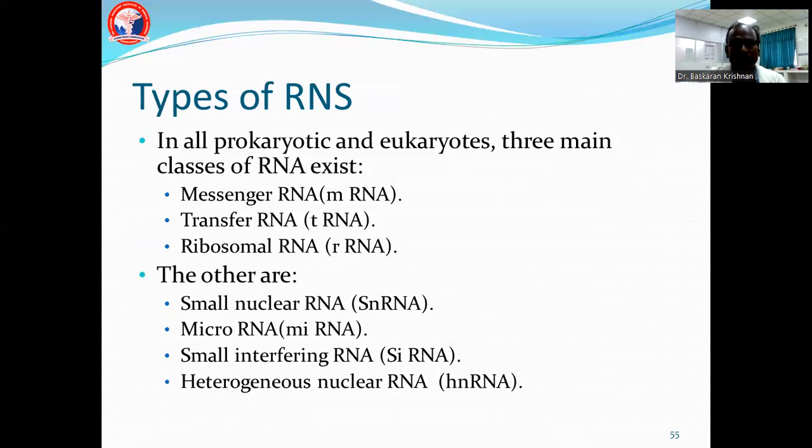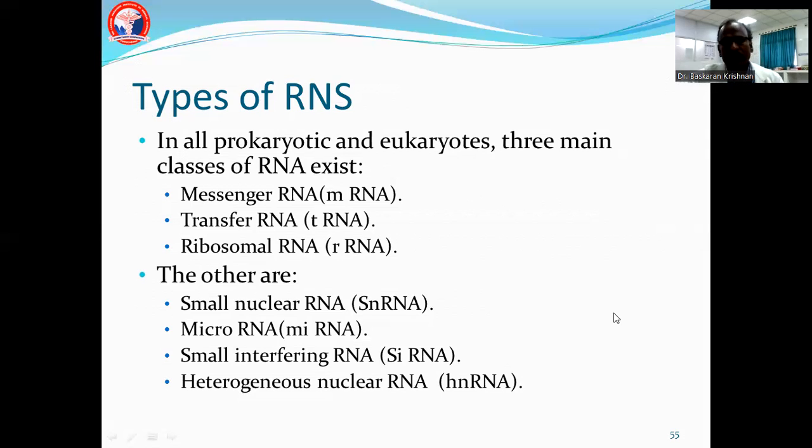Types of RNA. In all prokaryotes and eukaryotes, 3 major classes of RNA exist. These are messenger RNAs, mRNAs, transfer RNAs, tRNAs, and ribosomal RNAs, rRNAs.